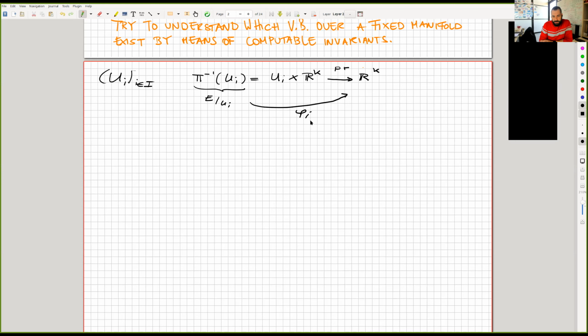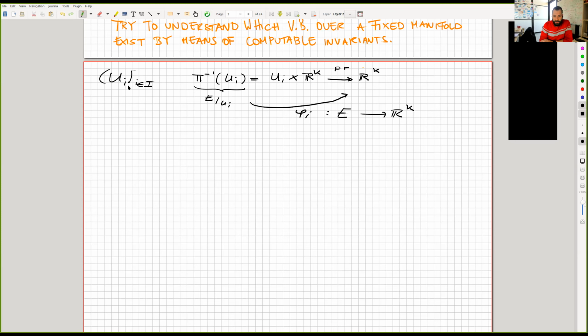And you can extend this map to a map on the whole E. So you can consider this map as a map from E to R^k, and you know over E restricted to U_i it's fiberwise an injective map.